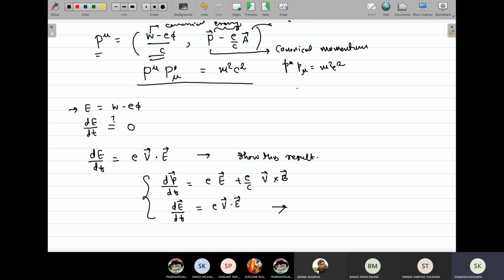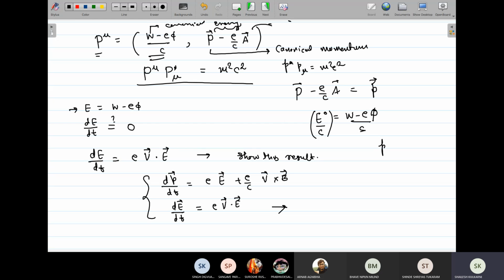As I said before, P minus eA by c is your P. I just define W minus e phi equal to E. If I divide this expression by c, then this is your usual zeroth component of four momentum.